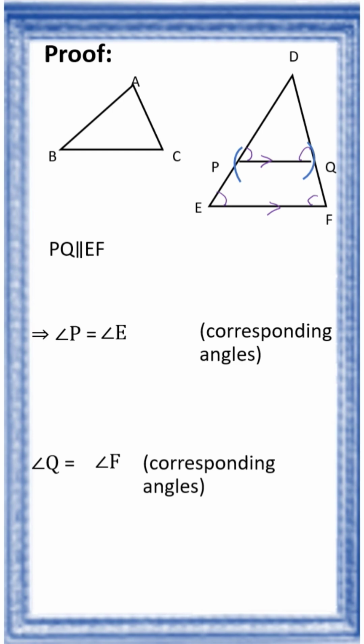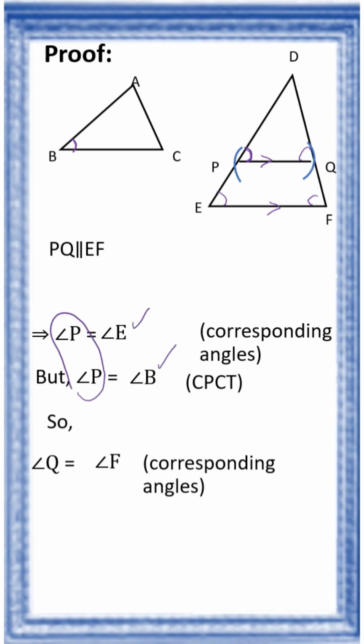Angle P is also equal to angle B. Why? Corresponding parts of congruent triangles. Here LHS and LHS are equal, so RHS should be equal. So angle E is equal to angle B, or angle B is equal to angle E, one and the same.